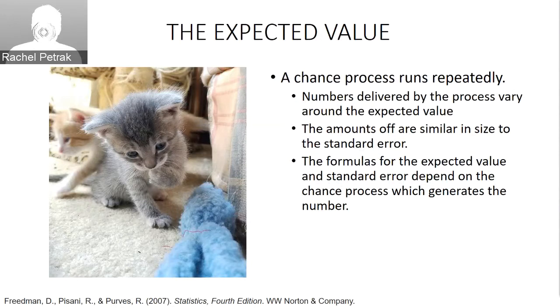The formula for the expected value is a shortcut to predicting what we expect. In this case, we're still talking about sums: the sum of numbers in the box or the average of the numbers in the box.